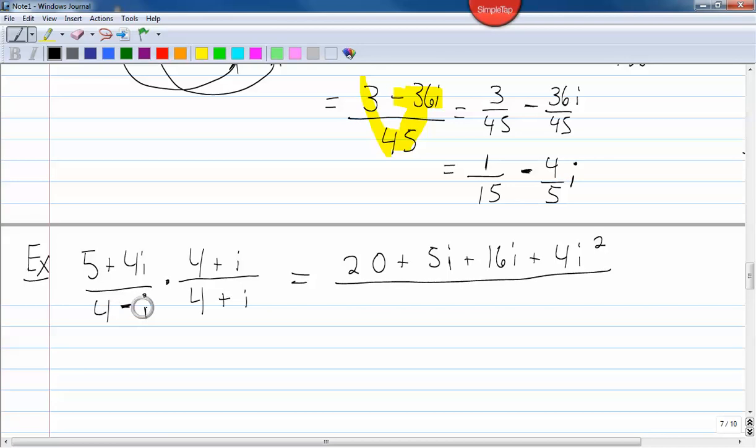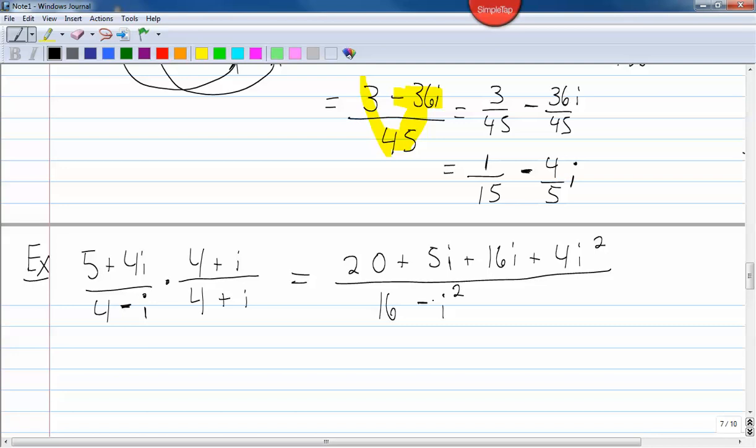Over, now remember when you multiply out conjugates you can take a shortcut and just multiply first term and last term. So that would be 16 minus I squared. I times I is I squared. This was positive, this was negative, this was positive.